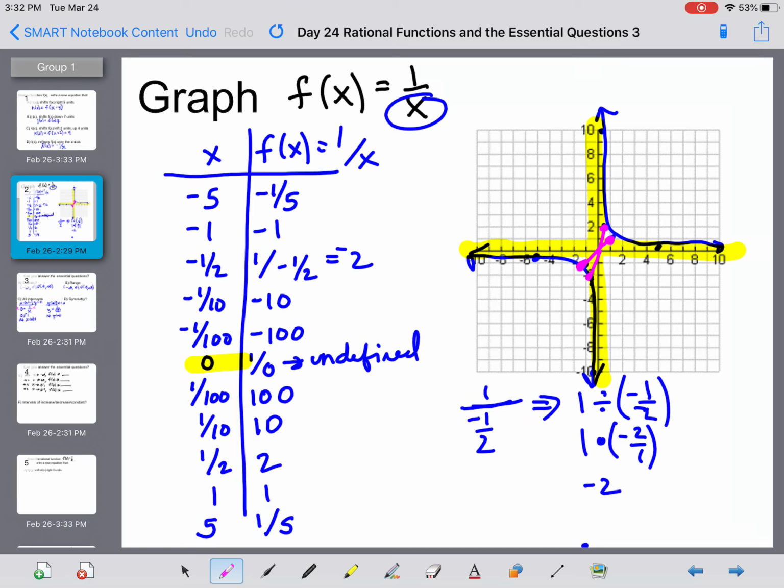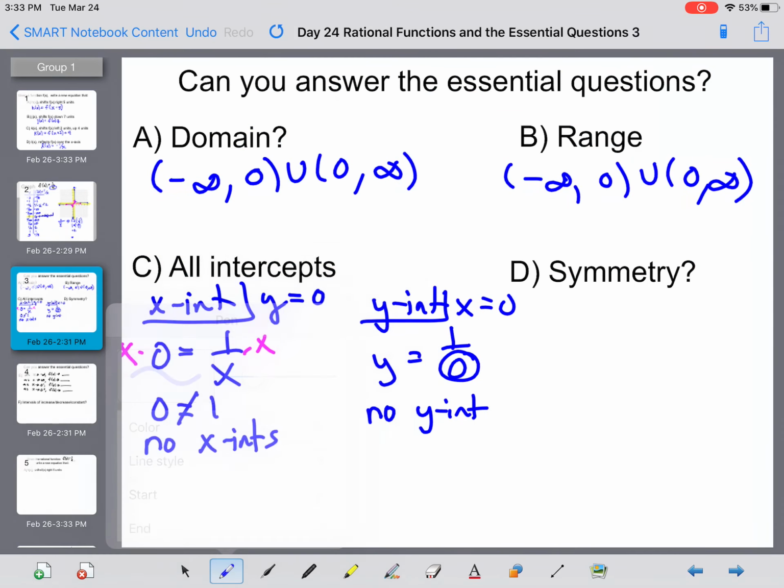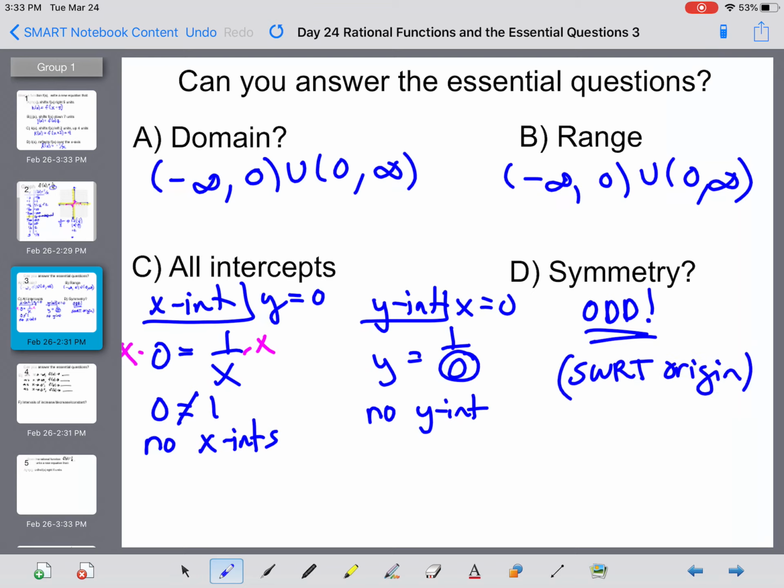I get out the point (-1/2, -2). Or the point (5, 1/5), I can map this through the origin, and I get out the point (-5, -1/5). So we do have symmetry. So you can say that this is going to be an odd function, or you can say there's symmetry with respect to the origin. But I would suggest just saying odd because that's shorter and sweeter.